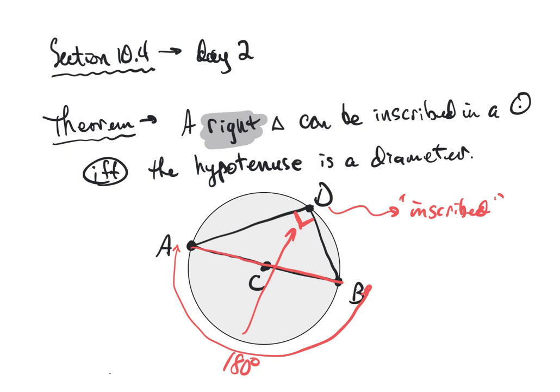So no matter where we place D, the triangle is going to be right. As long as AB is a diameter, that's always going to be true.